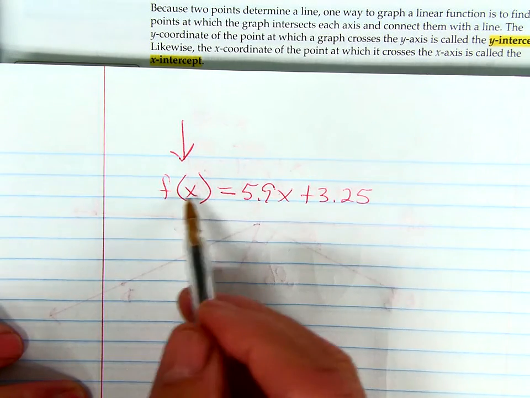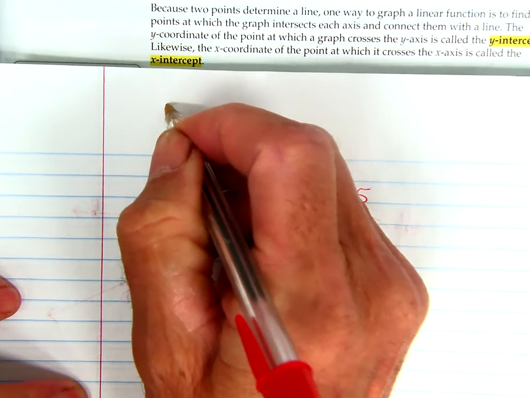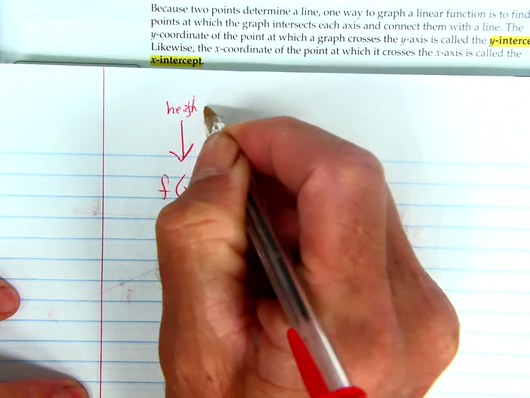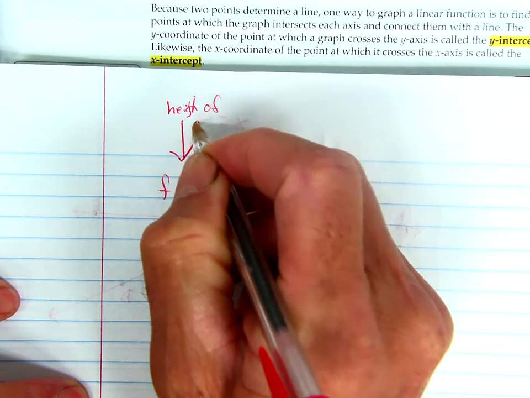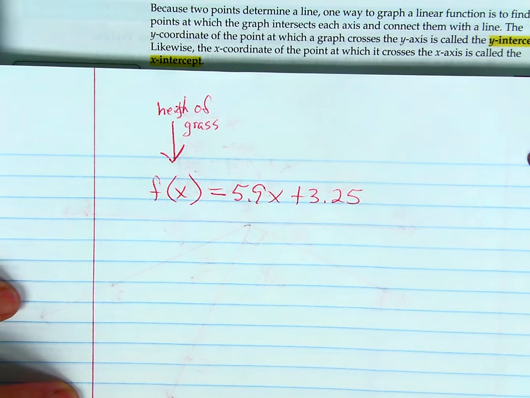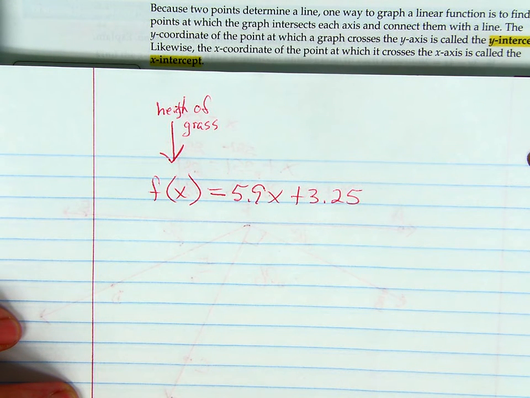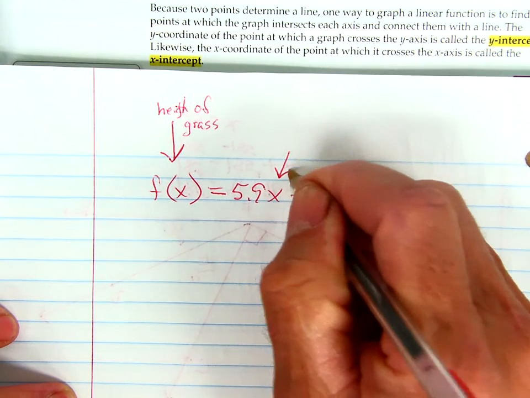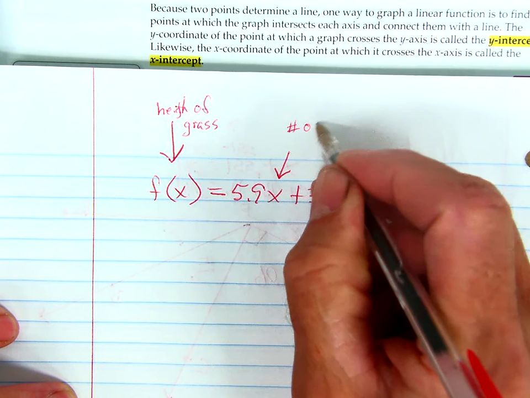But what this side of the equation stands for is height of grass. I'm explaining how you work it differently based on the information they give you. X, number of days.